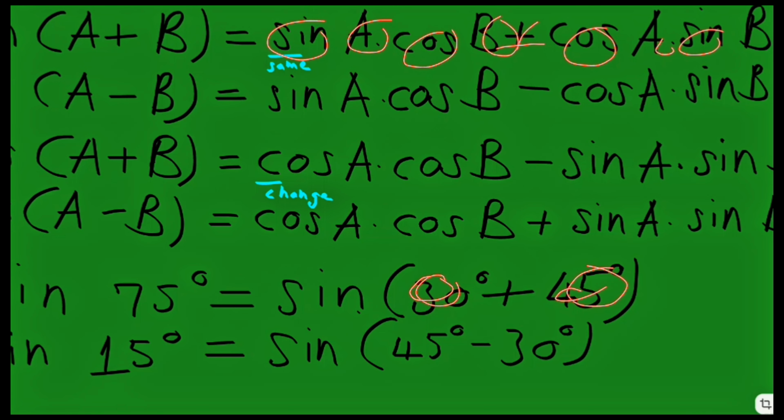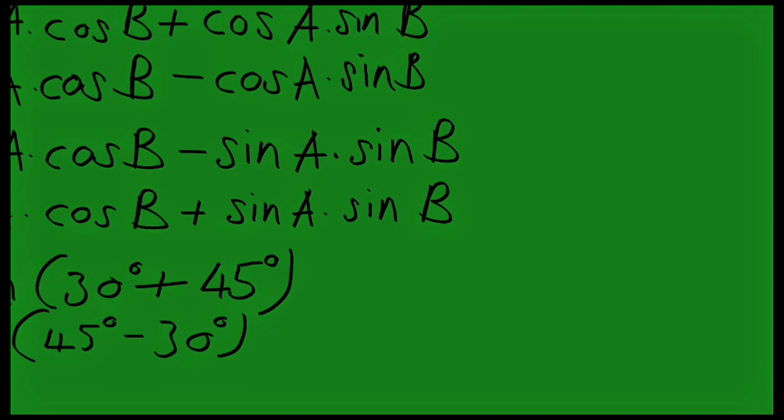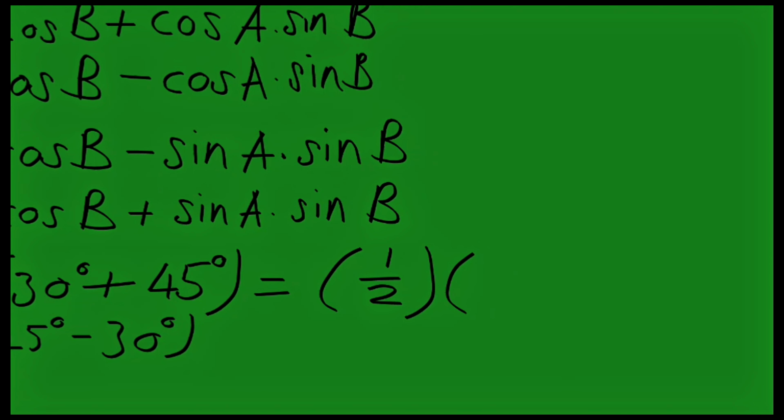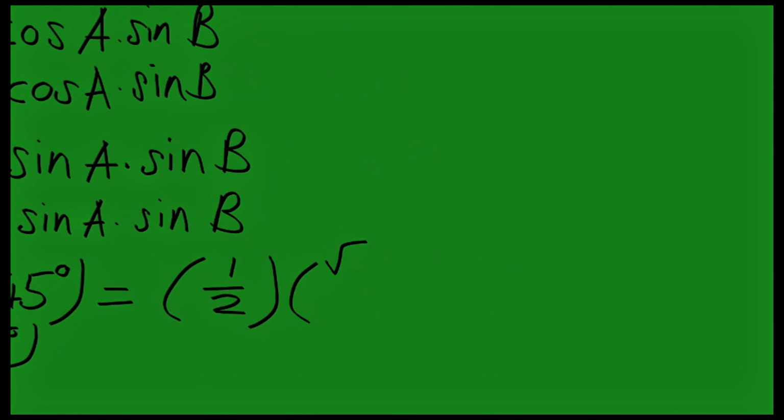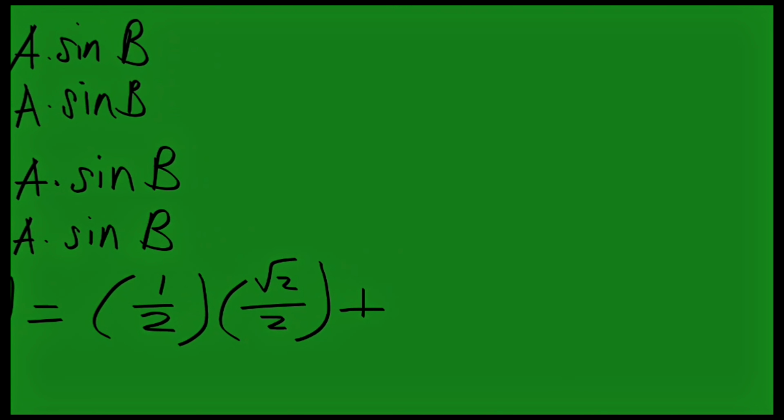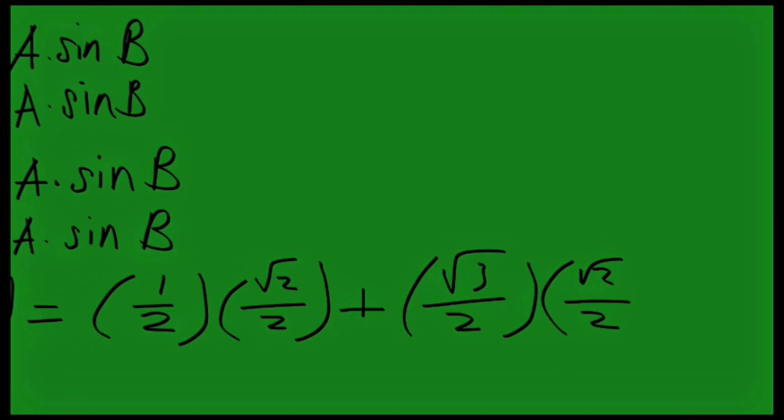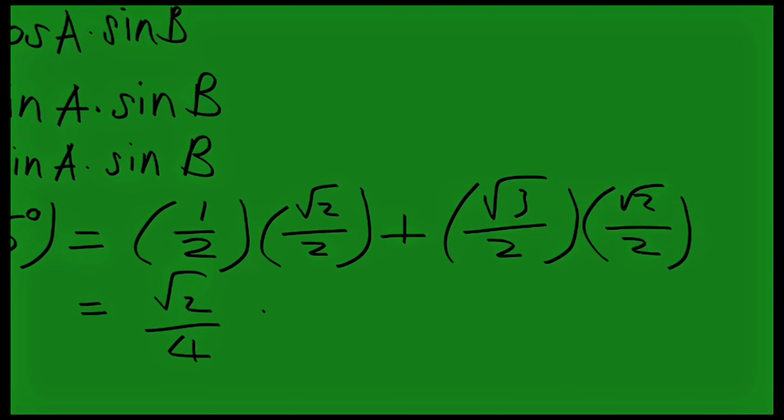Now since 30 and 45 are special angles, sine 30 is 1 over 2, cos 45 is square root of 2 over 2, plus cos 30, which is square root of 3 over 2, multiplied by sine 45, which is also square root of 2 over 2. So we can already tell that this is going to be square root of 2 over 4 plus square root of 6 over 4.